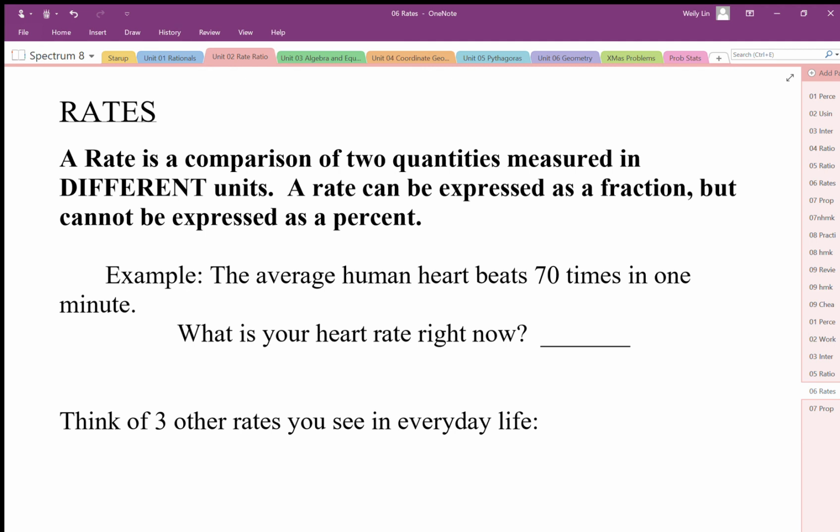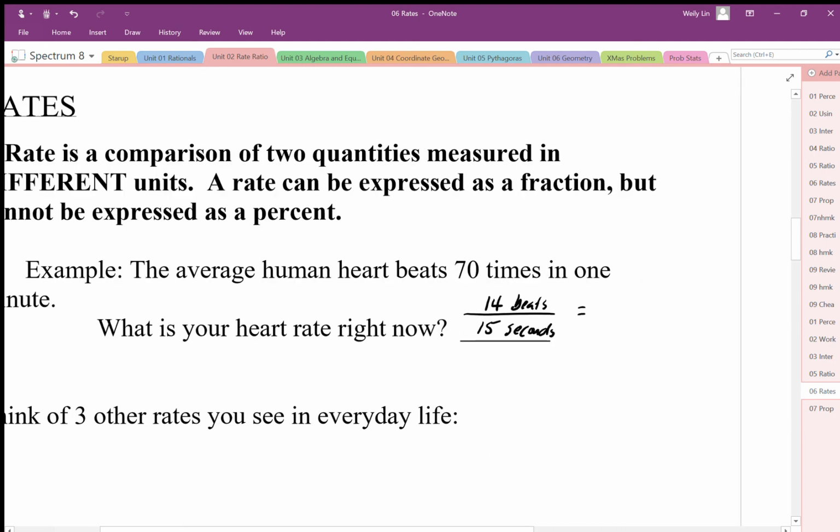Okay, so for example, when I take my rate, I think I have about 14 beats in 15 seconds. Okay, so I want you to convert this into beats per minute. So you want to convert this usually to beats per 60 seconds first, and then we can convert that to minutes.